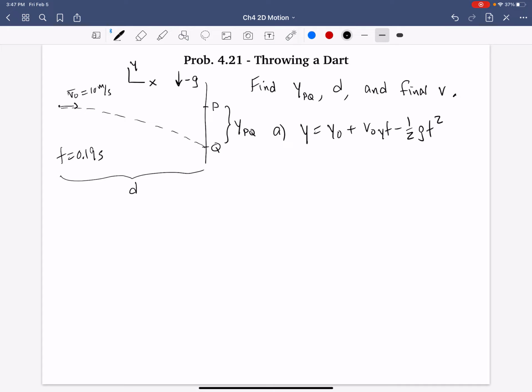Let's see, what do we know? In this equation, this y naught and y, that's a relative change in height. This final height is actually y minus y naught.